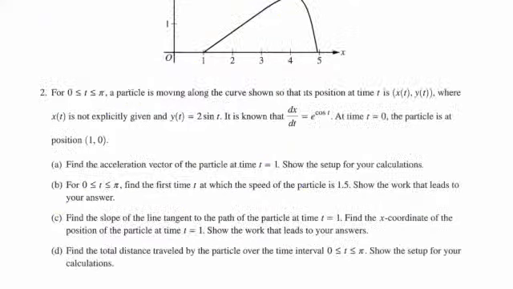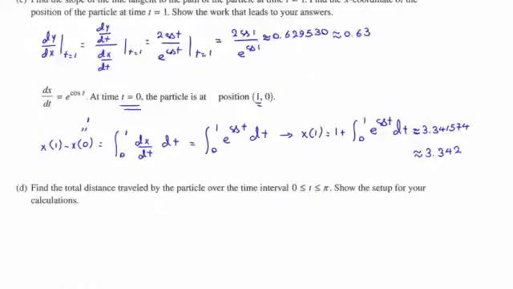Part D says find the total distance traveled by the particle over the time interval from 0 to pi. Show the setup for your calculations. For part D, because it says from 0 to pi, we should calculate the integral from 0 to pi for total distance traveled.